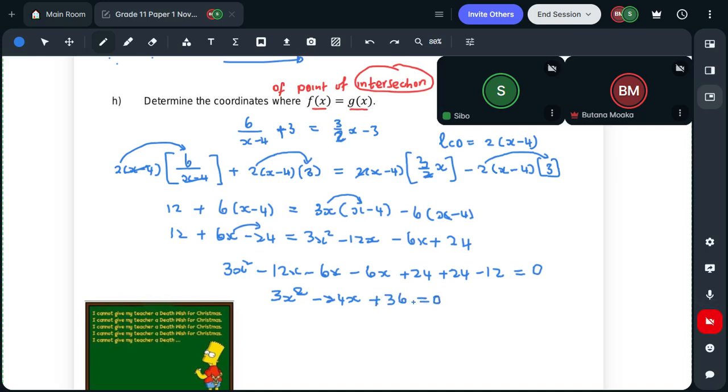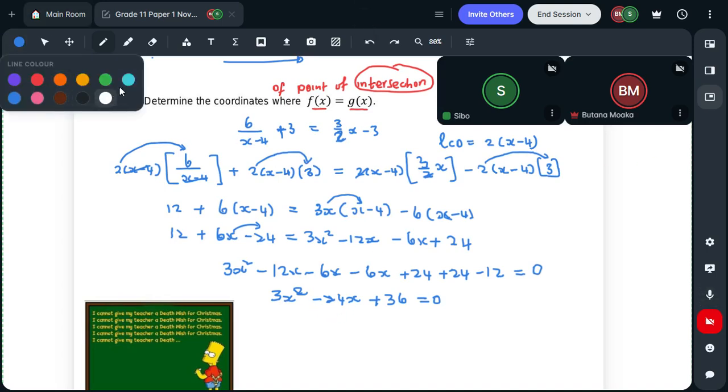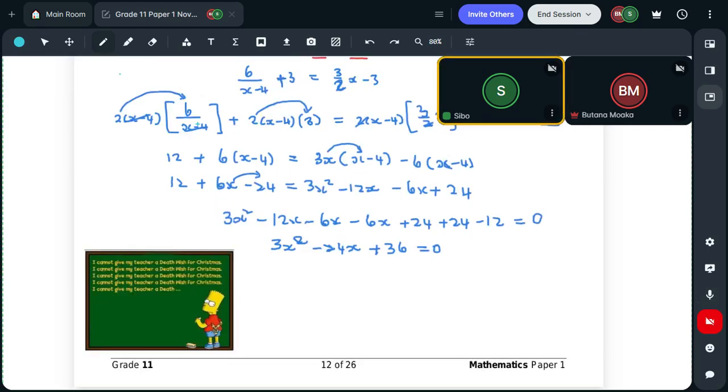Tell me, can 3 divide all these numbers? Yes. 100%. If your answer is yes, I'm going to divide everything by that 3. And then now this is just x squared. 24 divided by 3, that's 8, minus 8x. Therefore, 36 divided by 3, that's 12.